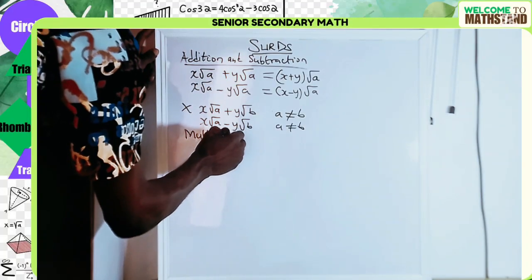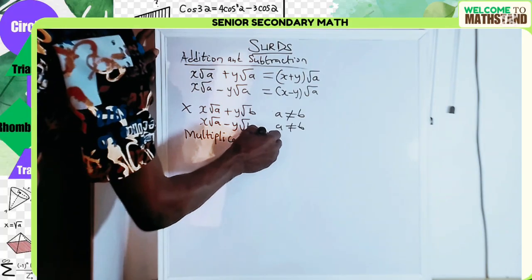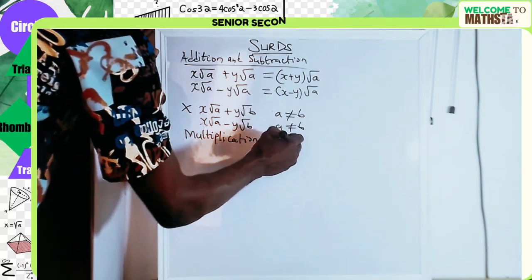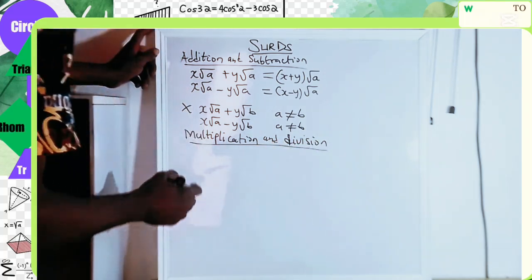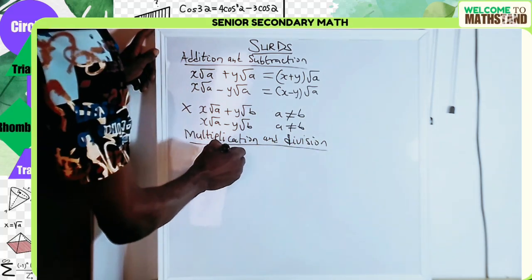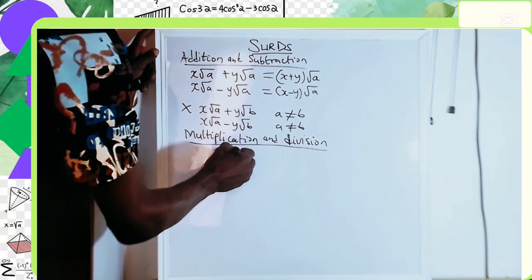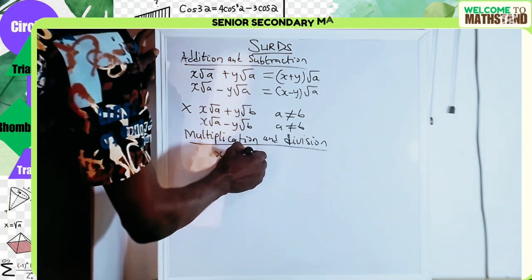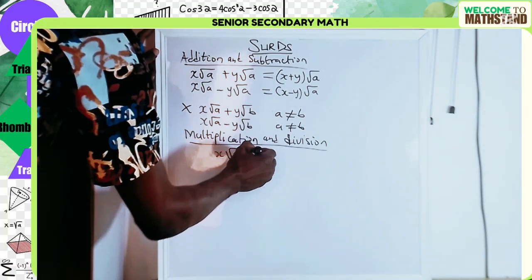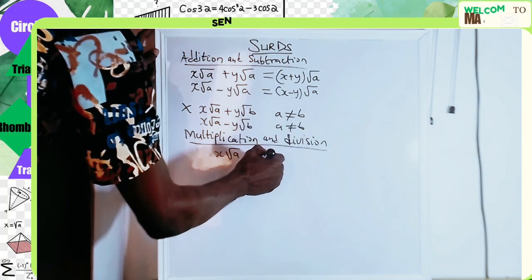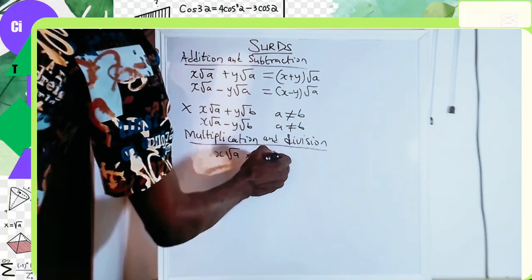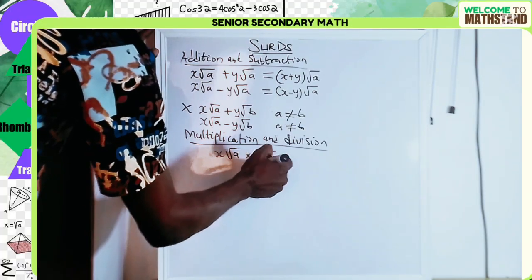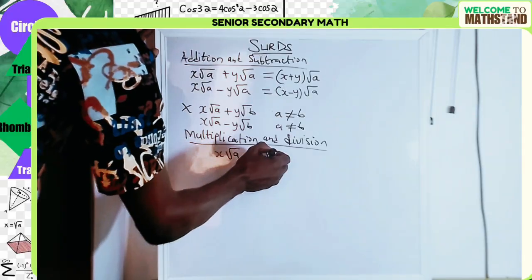So for multiplication and division of surds, we have x√a times y√b.